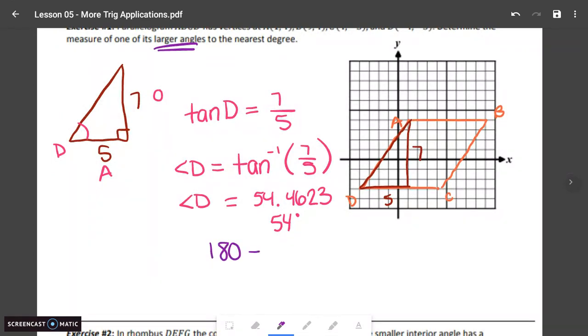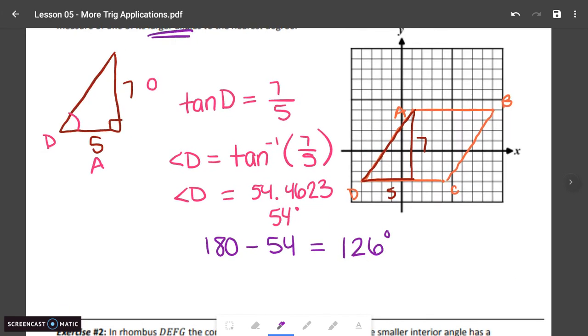So we're going to take 180 and subtract the 54. So we'll get 126 degrees. Okay, so that could be angle A or C in this case.